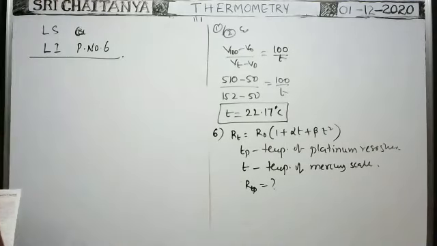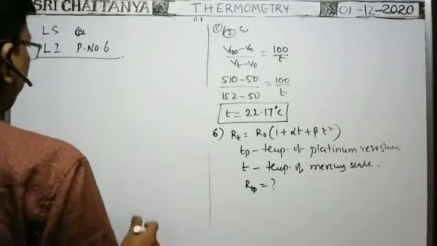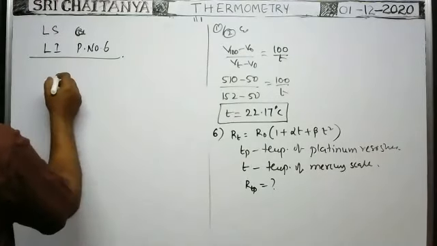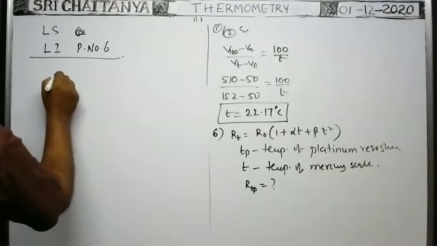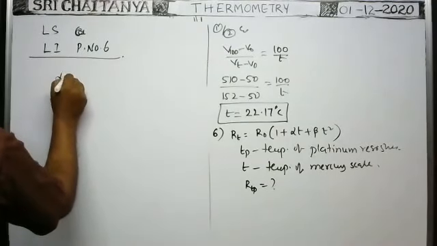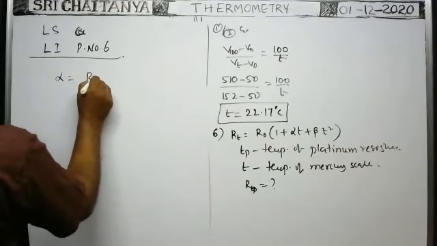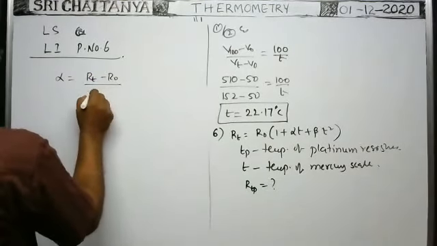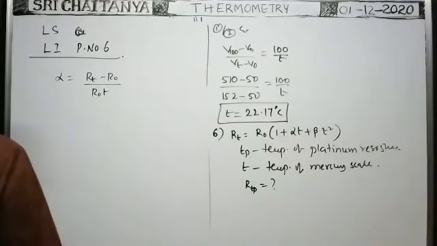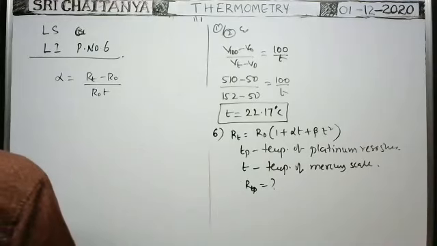Now in case of a platinum resistance thermometer, the temperature coefficient of resistance alpha is equal to, what is the formula? RT minus R naught by R naught into T.